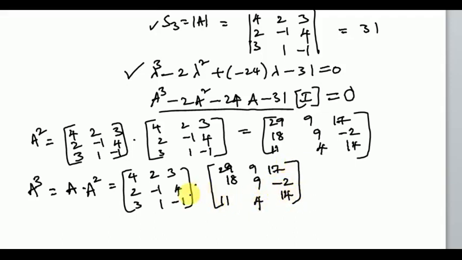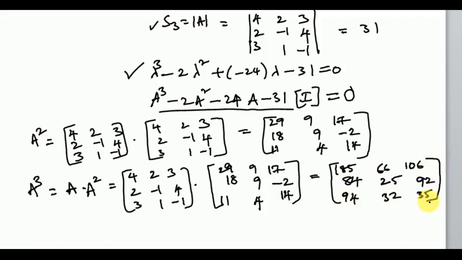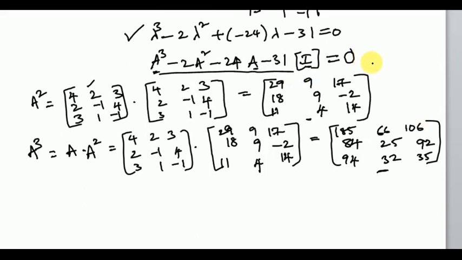Again multiply these two matrices and you will get A cube as 185, 66, 106, 84, 25, 92. This is A cube. Now substitute the A cube matrix here, the A square matrix, A, and I as the 3 by 3 identity matrix, and check whether we get the right hand side as 0 or not.